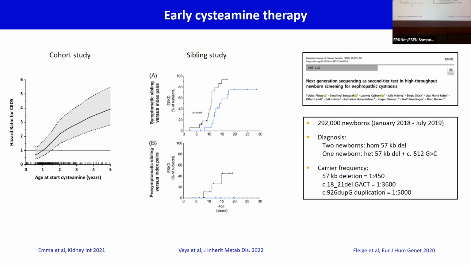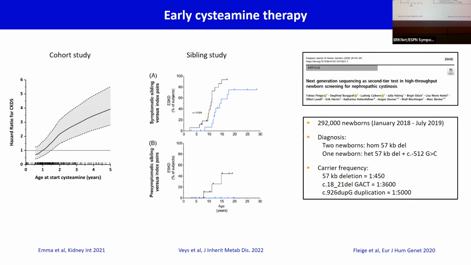Before telling you about other treatments, one thing I wanted to mention is that cysteamine probably should be used better. We now have cohort studies from a very large cohort of patients, and we have a sibling study that very clearly show that starting treatment very early is of paramount importance to prevent early onset of end-stage kidney disease.